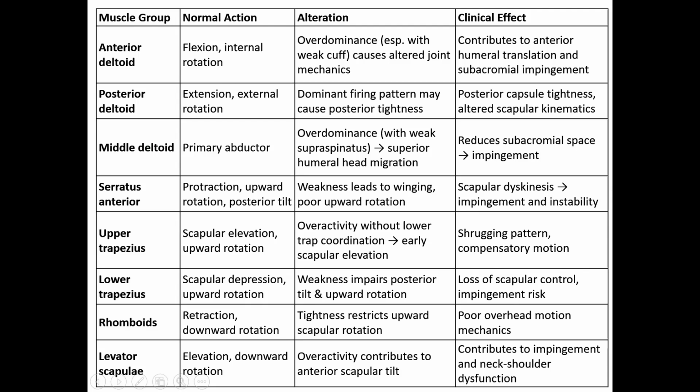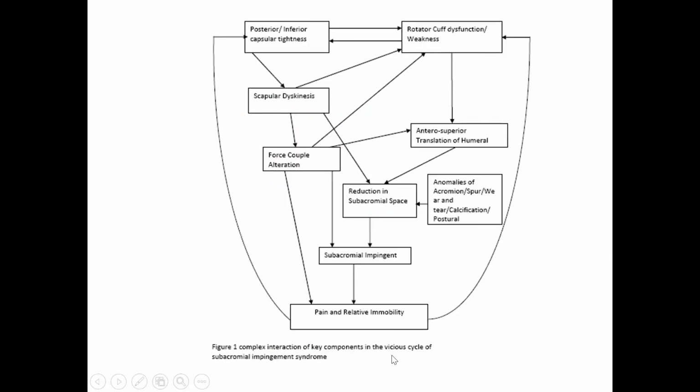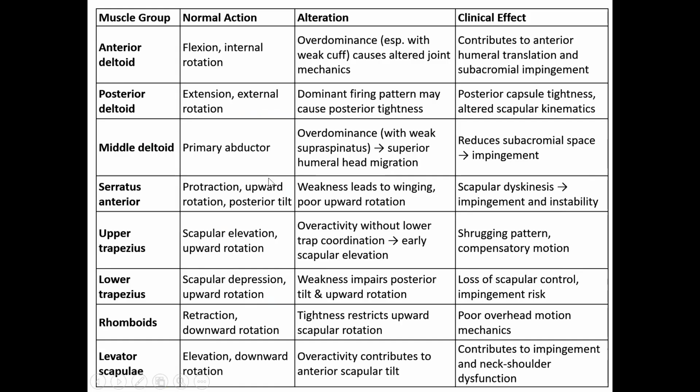So these force couple movements may be involved directly in the subacromial impingement syndrome, or they may just cause the alteration without causing the subacromial impingement, and subacromial impingement may be because of different other causes as well. So ये जो force couple alteration है, ये तमाम alteration है, this is mostly involved directly or indirectly in the subacromial impingement syndrome.